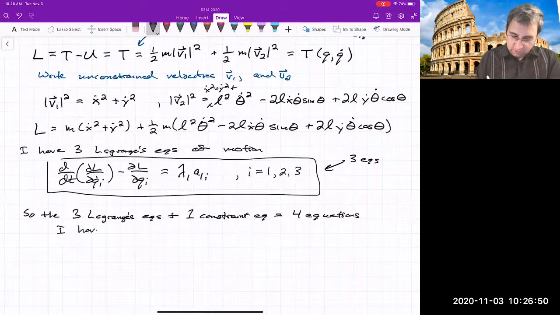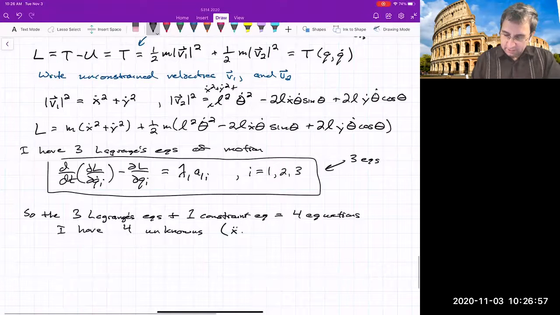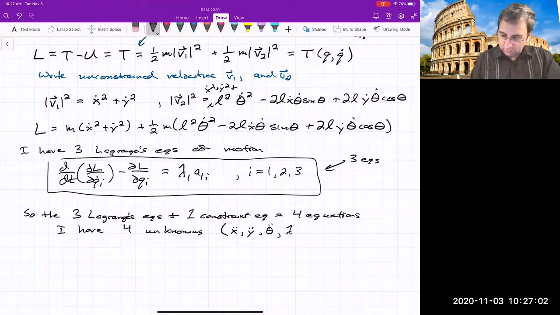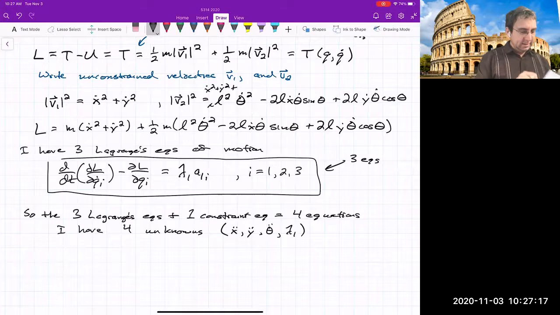I have 4 unknowns. This is how you think about it: x double dot, y double dot, theta double dot, and then lambda 1. So I've got 4 equations, 4 unknowns. I can solve for them, figure it all out, and get the dynamics.